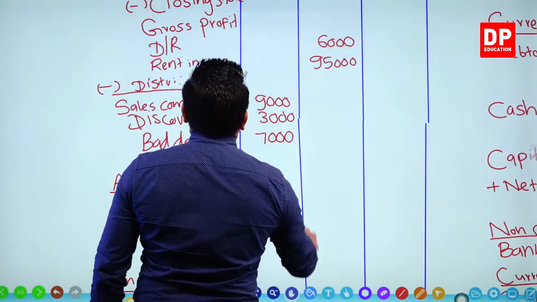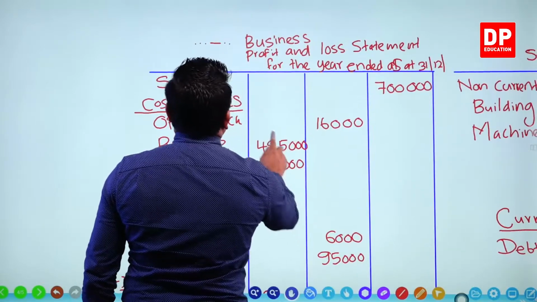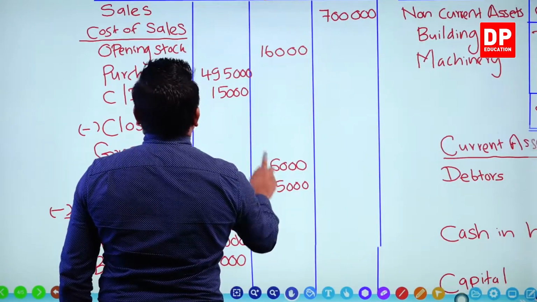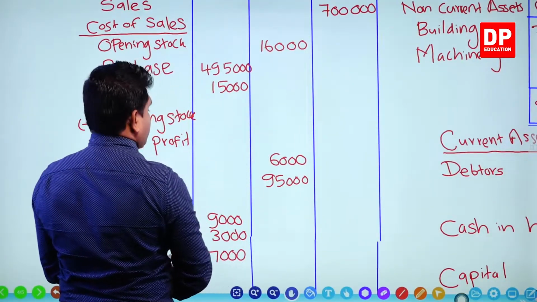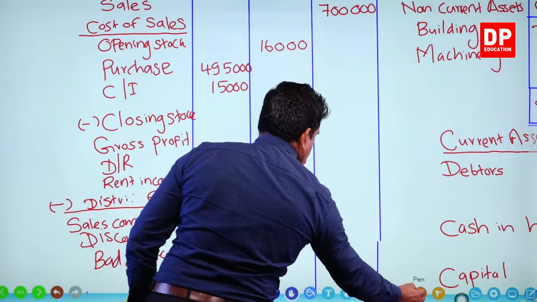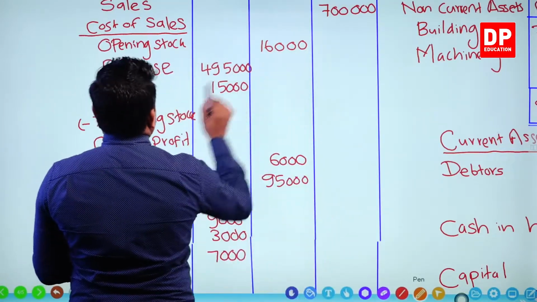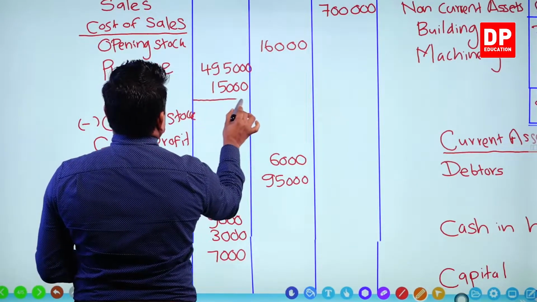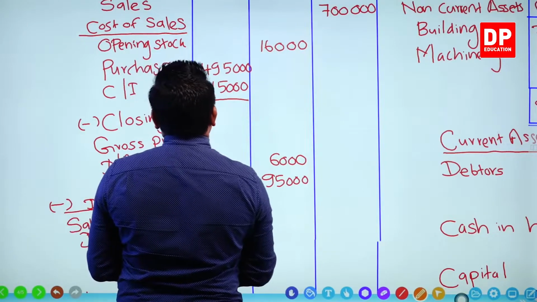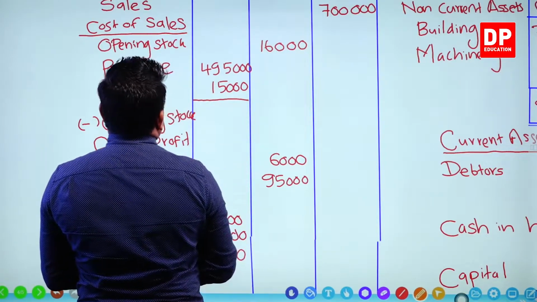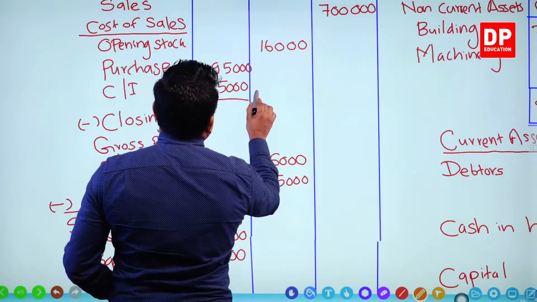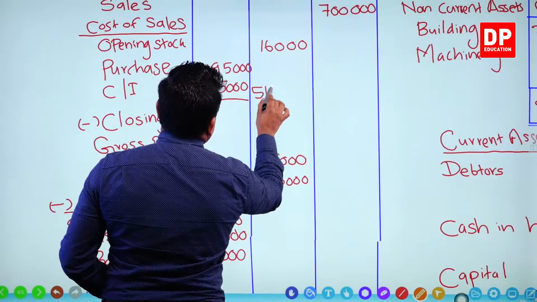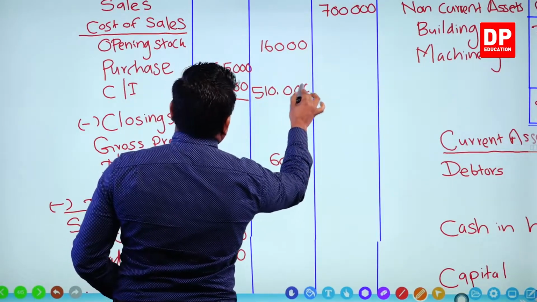Now everyone, pay your attention only to the profit and loss statement, right? Opening stock 16,000, purchases, you add these two, then you can bring it here for 95,000. Then how much? 510,000. Check whether it is correct or wrong.